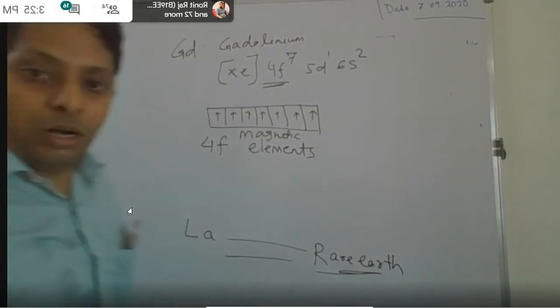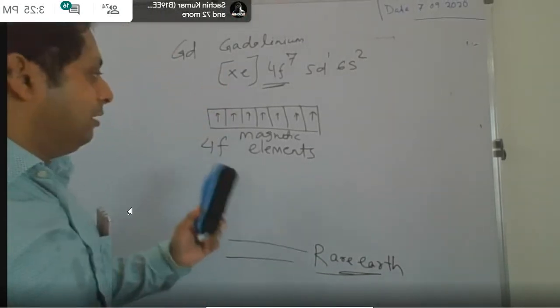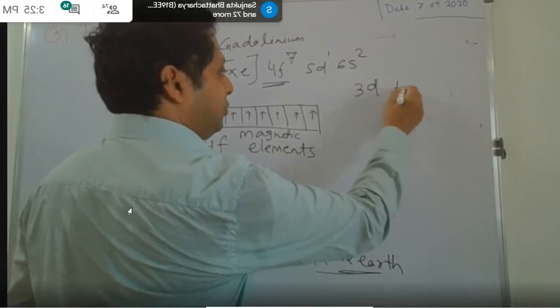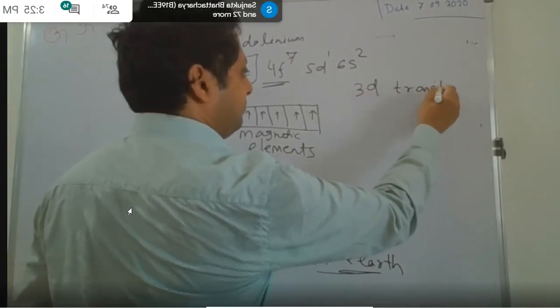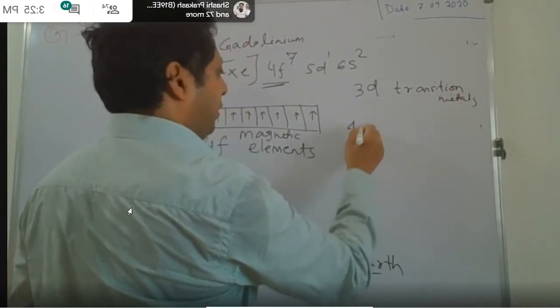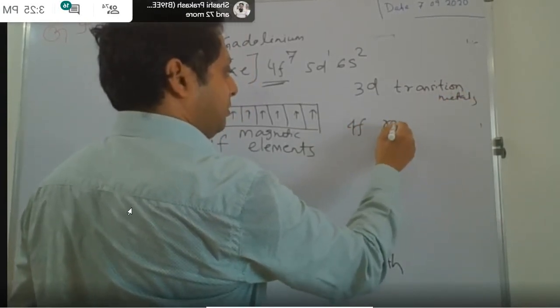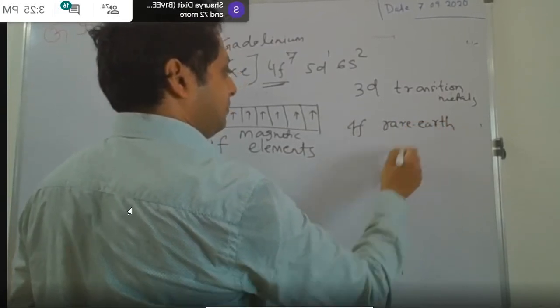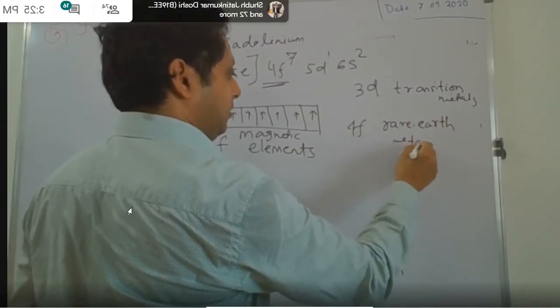Okay, so they are called 4f magnetic elements. So you have the 3D transition metals, and you have 4f, your rare earth metals.